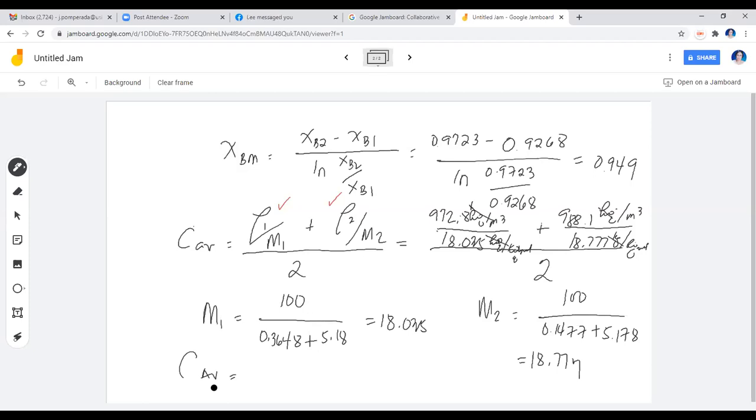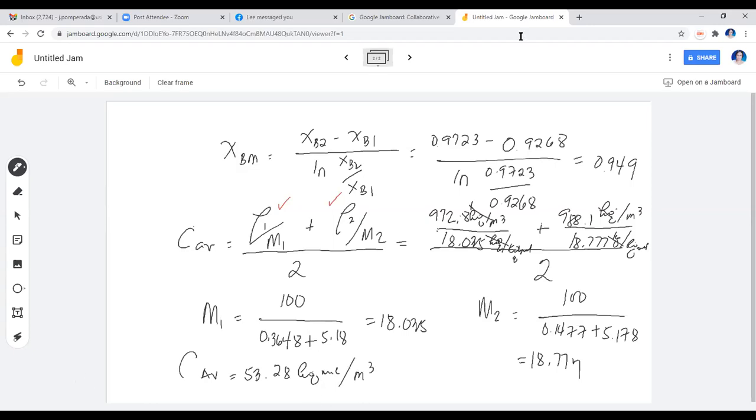So our average concentration in kilomole per cubic meter is 53.28. So having the unit of kilogram mole or kilomole per cubic meter.